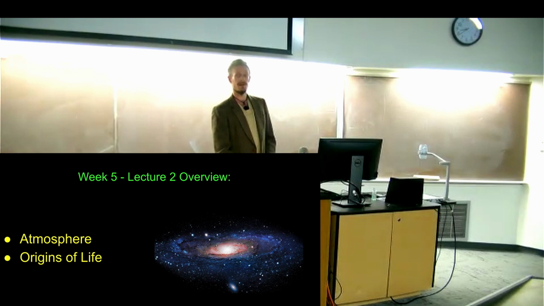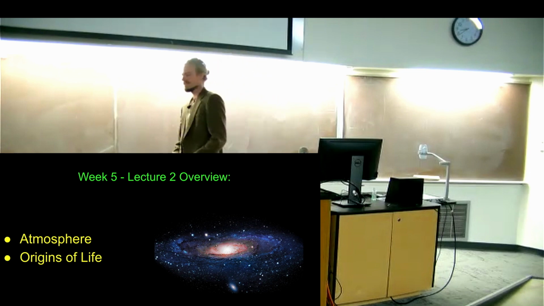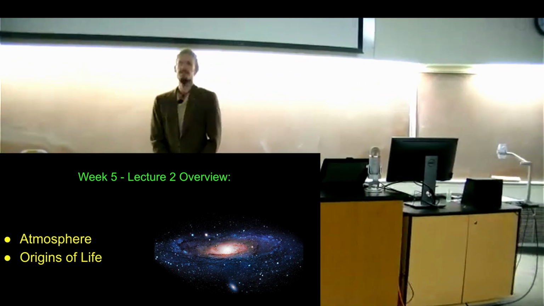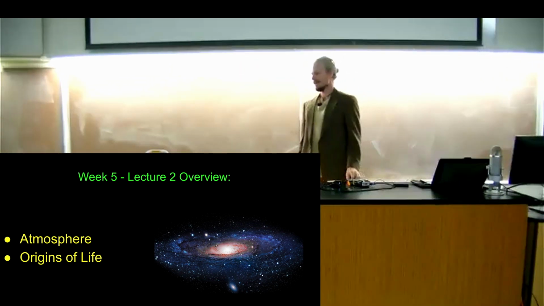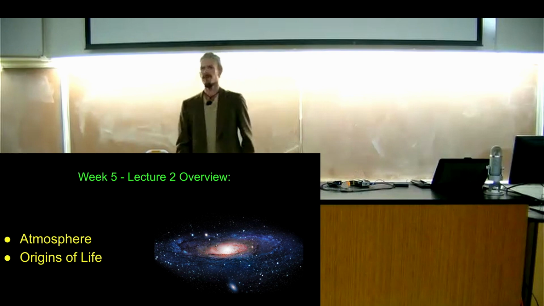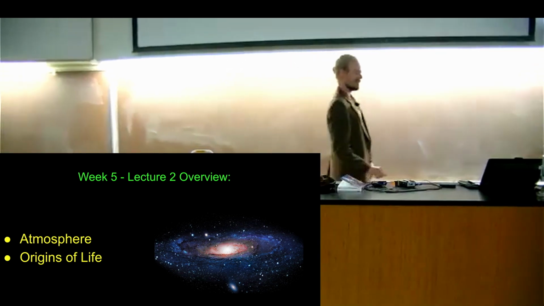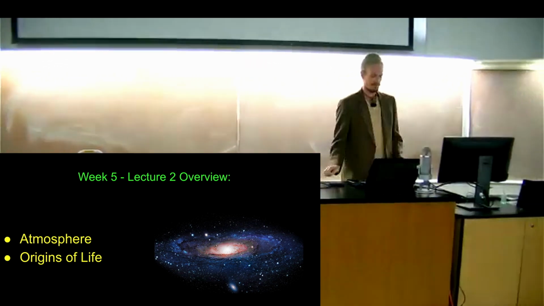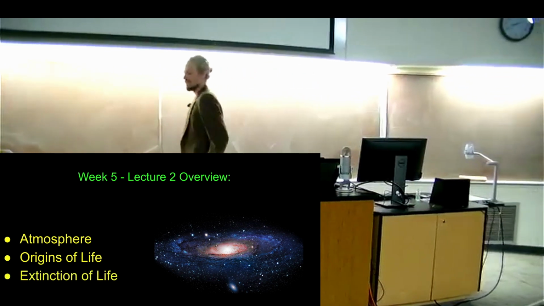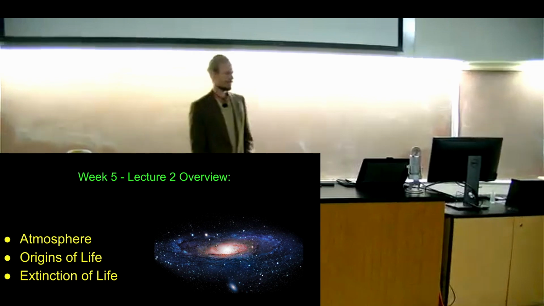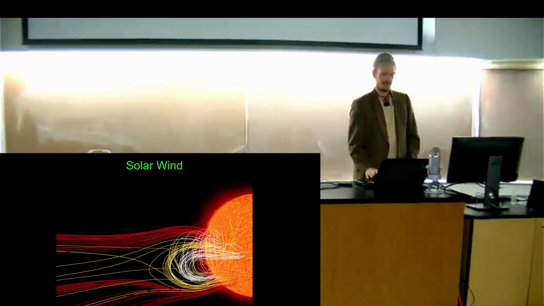We're also going to talk about the origins of life, which several of you mentioned in your intro videos that you were interested in discussing. That's a hard one to talk about, so we'll investigate all the possibilities, but there are no clear-cut answers there, unfortunately. And then I want to talk about the extinction of life, too, which is kind of the back half of that story. So back to the solar wind.